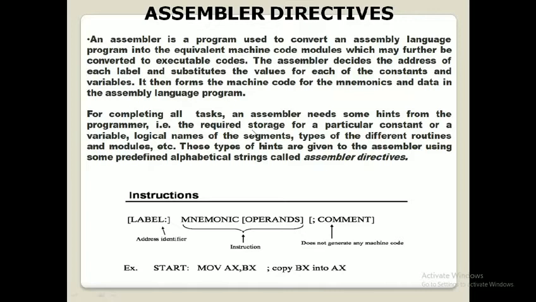For example, the required storage for a particular constant or a variable, logical names of the segments, types of different routines and modules. Routines and modules are nothing but may be your short programs or function programs, etc. So such hints are given to the assembler using predefined alphabetical strings called assembler directives.